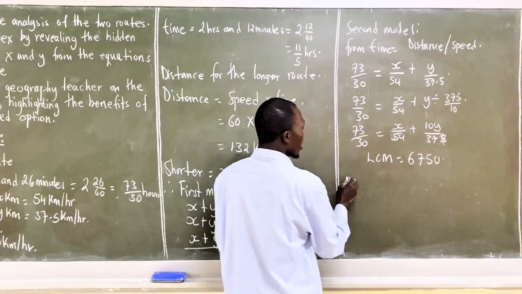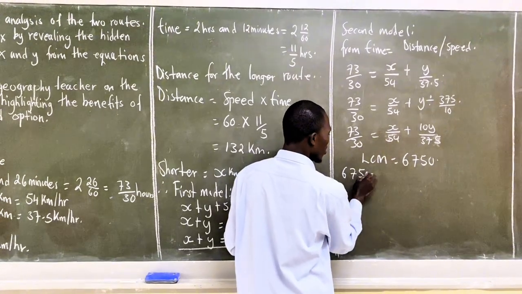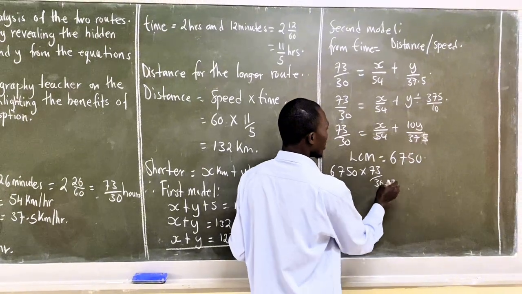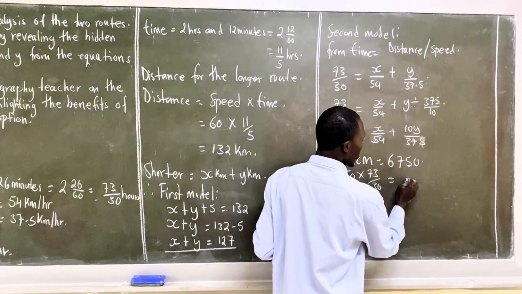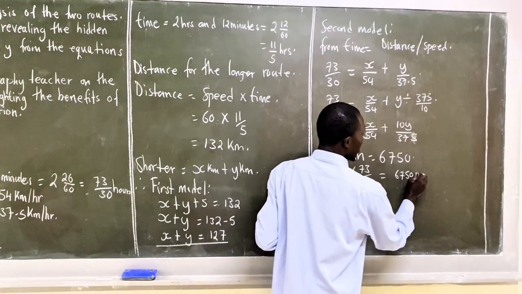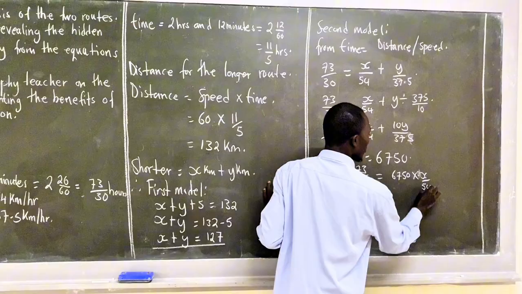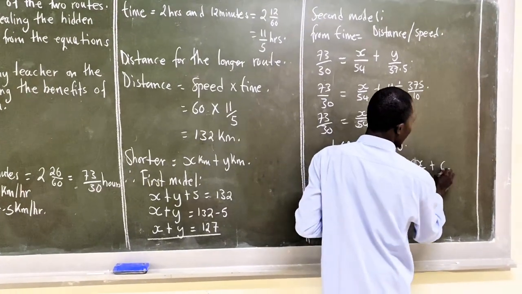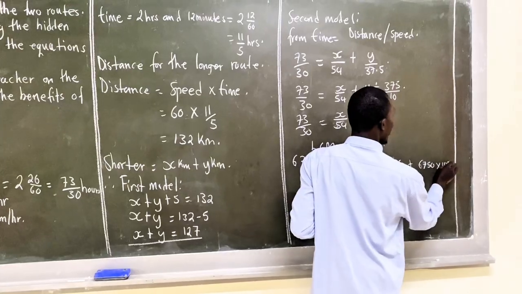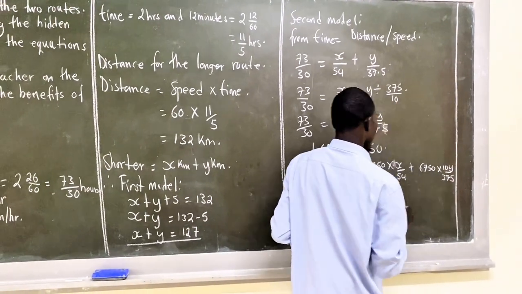So if we multiply here, we shall have 6,750 times 73 over 30 is equal to 6,750 times x over 54 plus 6,750 times 10y over 375.